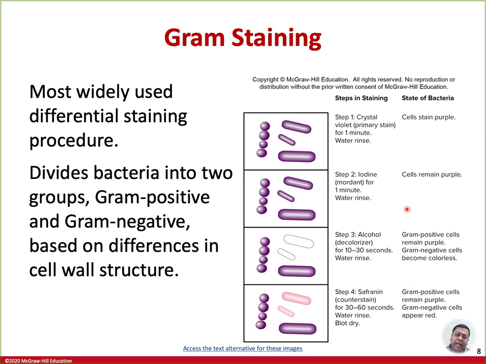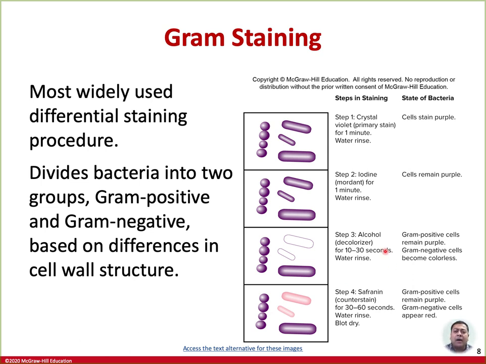Now we rinse off the iodine, and in the third step, we use 95% ethanol, which we call an alcohol decolorizer, and we destain. Again, the word is destain. We take the stain away with the alcohol decolorizer. We expose the cells to dripping alcohol for about 10 to 30 seconds, and after that we water rinse. Now what happens?